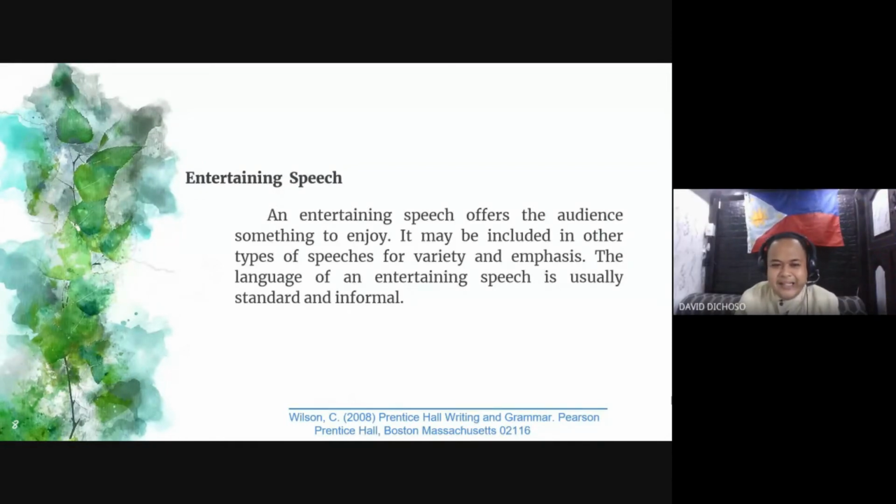I would like to highlight on this definition the phrase "offers the audience something to enjoy." Entertaining speech gives the audience joy when the speaker delivers it. Example, comedians like Steve Harvey, right? Ellen DeGeneres.